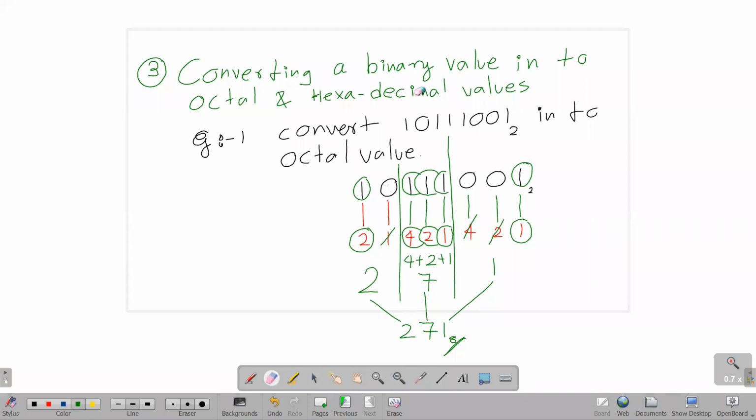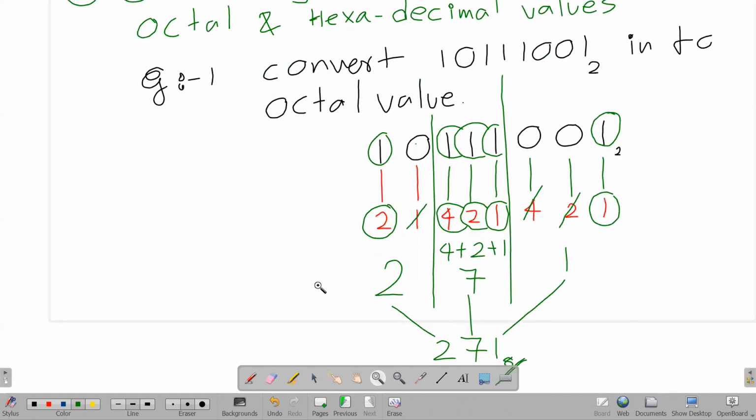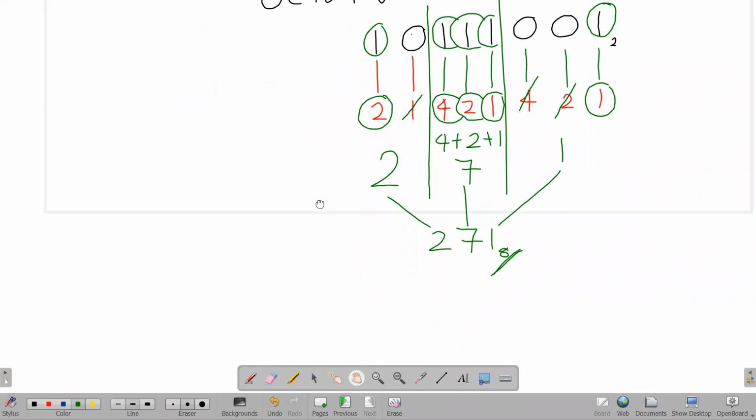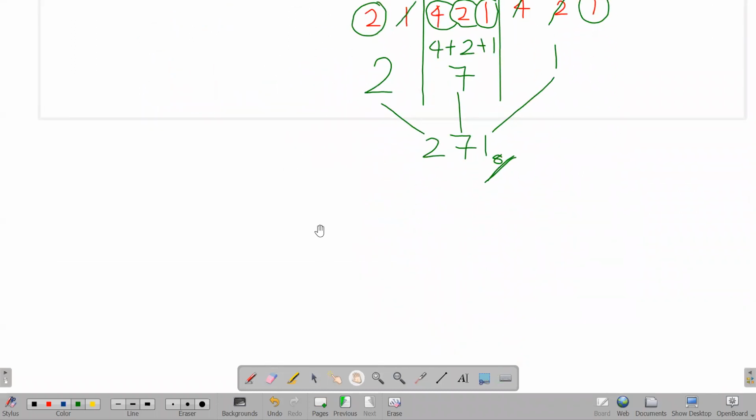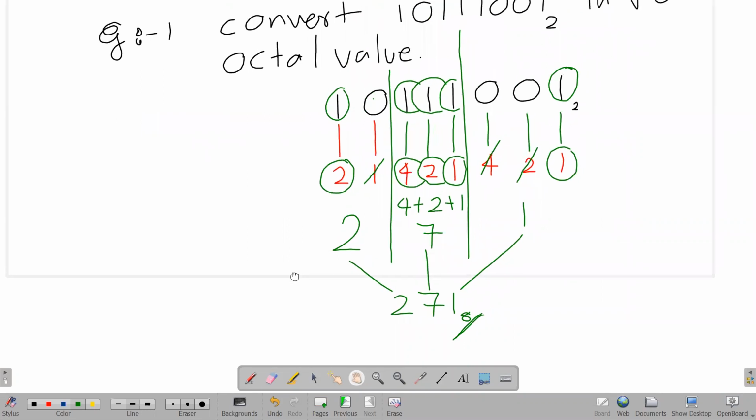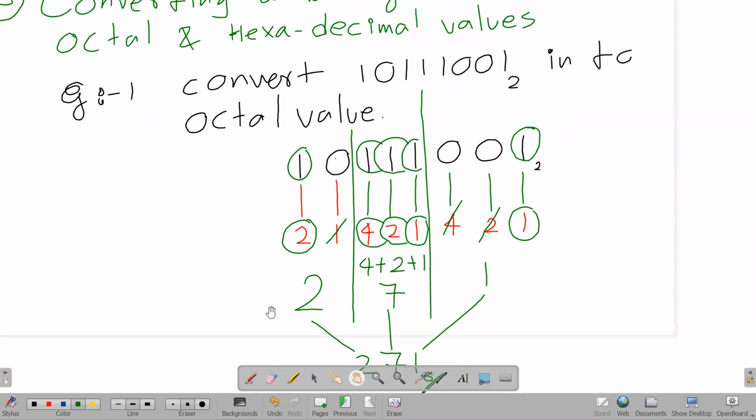Okay. So then let's move to the second example. The second example that I'm going to do is a conversion of binary into a hexadecimal. Now people tell me, when we are converting a binary into an octal, we make the group of 3 bits. The reason was 8 equals 2 to the power 3.